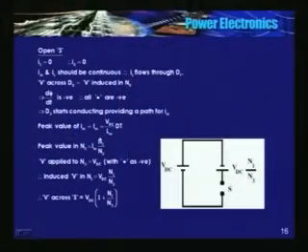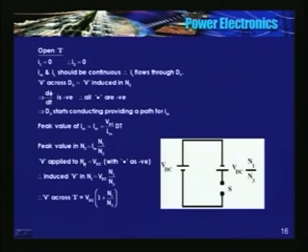So the peak value of current flowing in N3 is given by Im into N1 by N3, where Im is the peak magnetizing current that was flowing in the N1 turns just prior to opening the switch.